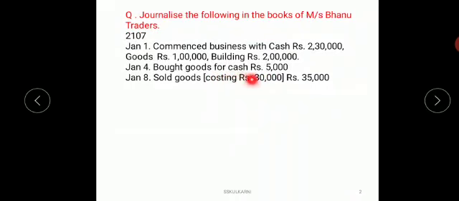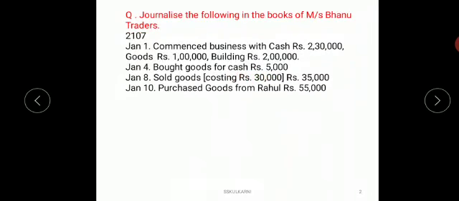So whenever two amounts are given, you should consider the amount which is on the outer side. To confuse, they will give you such transactions sometimes. So when this word costing comes, it will be your purchase price.